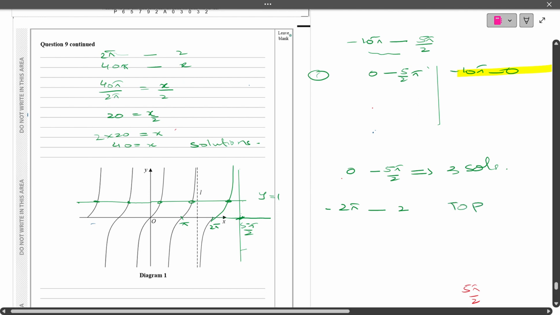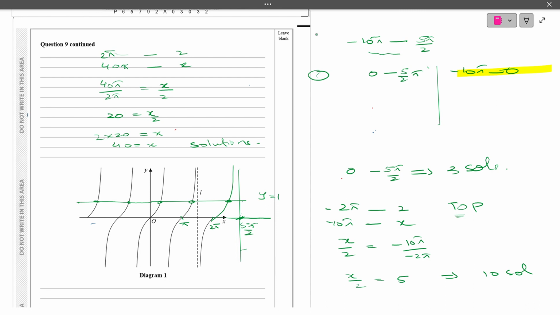Okay, if I look at the top part, and for negative 10 pi, how many solutions? So just divide it, x over 2 equals to, direct proportion, or you can do the cross multiplication here, negative 10 pi over negative 2 pi, so x over 2 equals to 5 and x equals to 10. So I have 10 solutions from negative 10 pi to 0 on the top part.